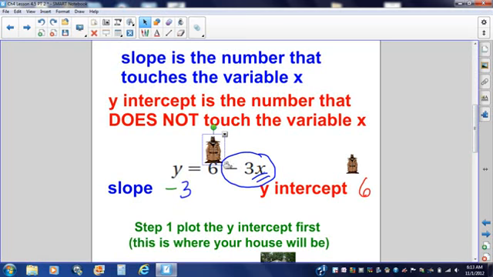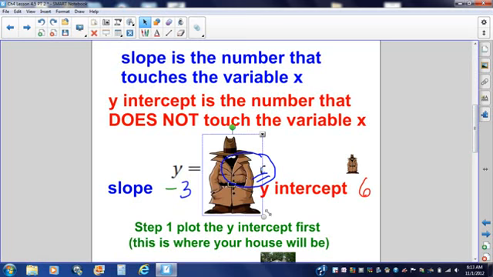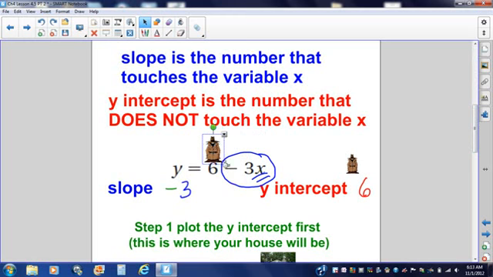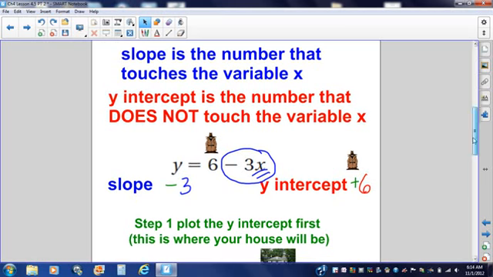So first thing I notice is that 6 is a spy. The 6 does not touch the x. Our y-intercept is 6. For my visual people, if you want to put the plus here because he's a spy, I have no problem with that. On your paper, write the y-intercept is 6 or plus 6.